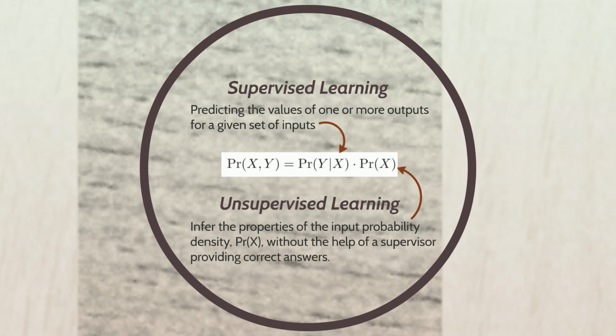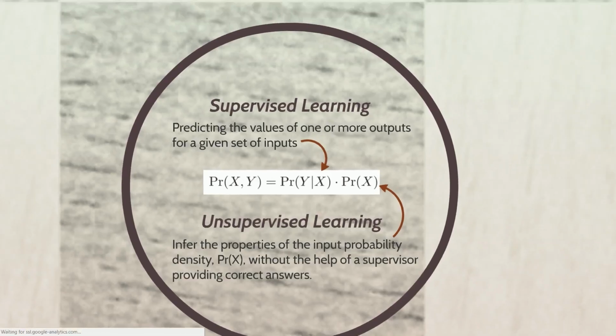In unsupervised learning, we're going to be strictly looking at the probability density for our inputs x. We don't really have an output y. We only have one set of inputs x, and we want to infer the properties about that probability density. So again, this is trying to gain knowledge from our data.